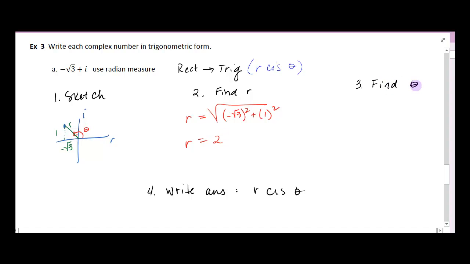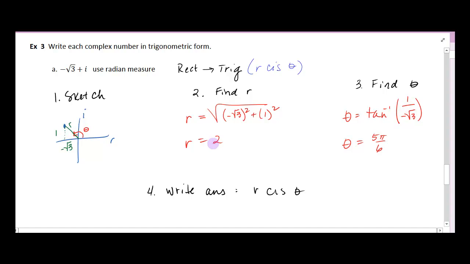Next, we need to find out what theta is. Remember, theta comes from the inverse tangent of y over x. So in other words, for what angle, when I take the tangent of it, do I get 1 over negative square root of 3? Well, we have to be over here in this quadrant, and hopefully you know that 5 pi over 6 is going to give me that angle.